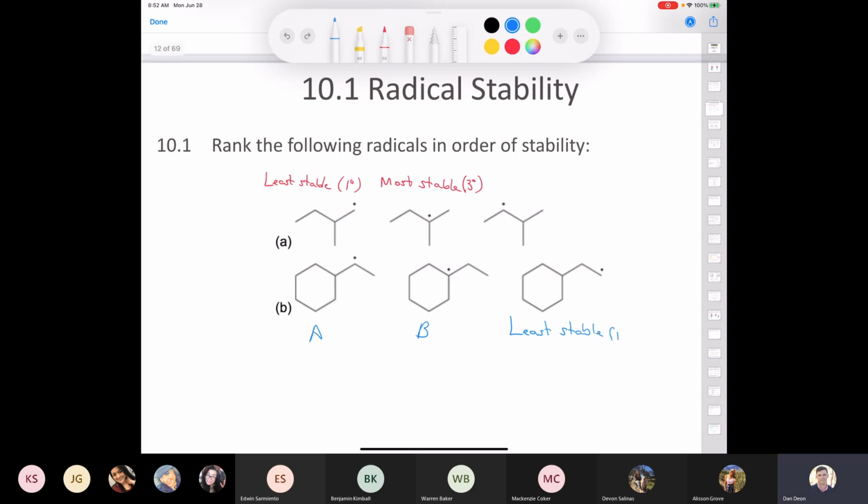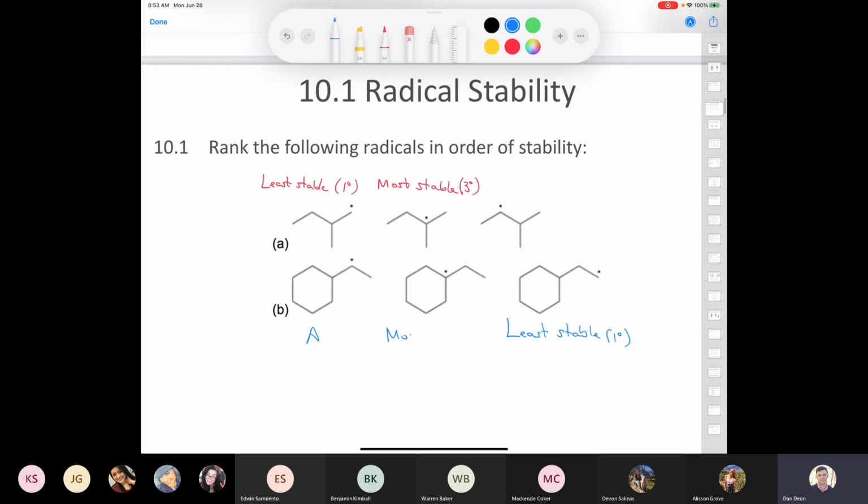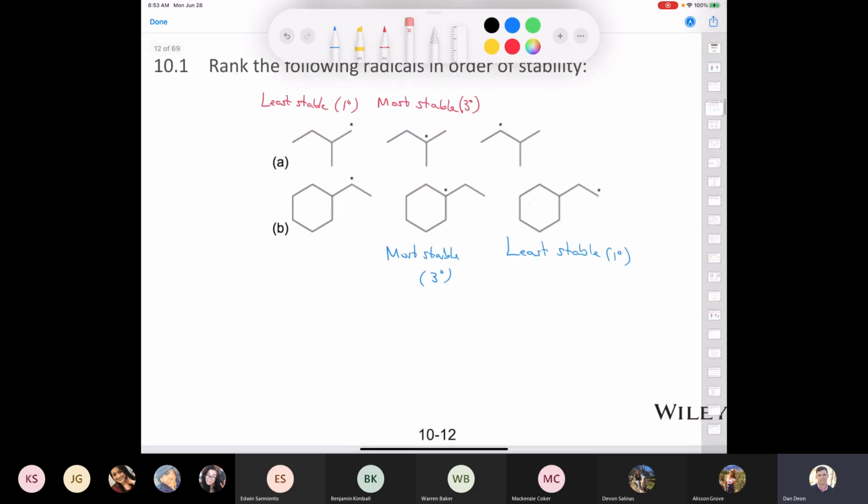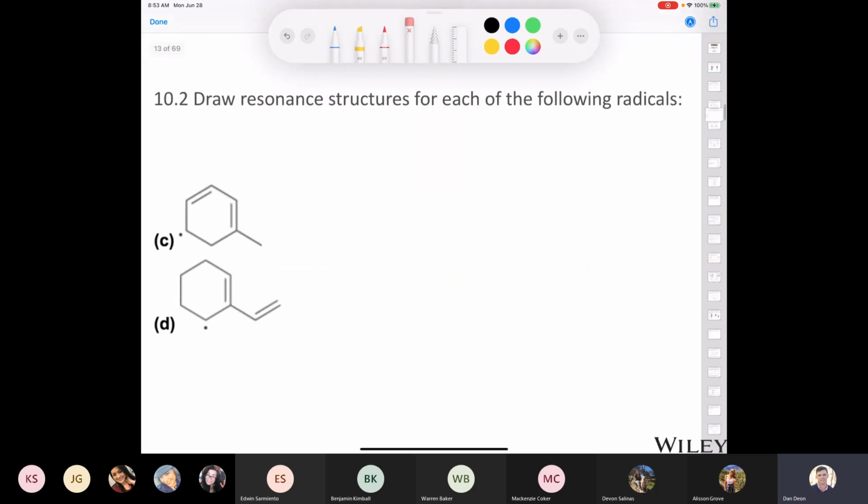The secondary is going to be somewhere in the middle. But you can see that B is going to be the most stable, because it's the tertiary. All of my students are 100% correct. Great work, everybody. Not a complex problem, but something you need to know. Everybody who studies organic chemistry needs to understand radical stability.